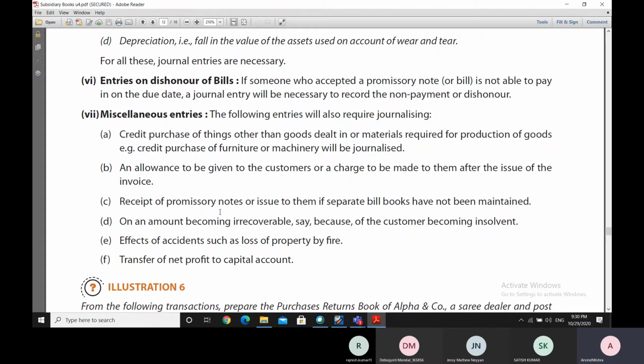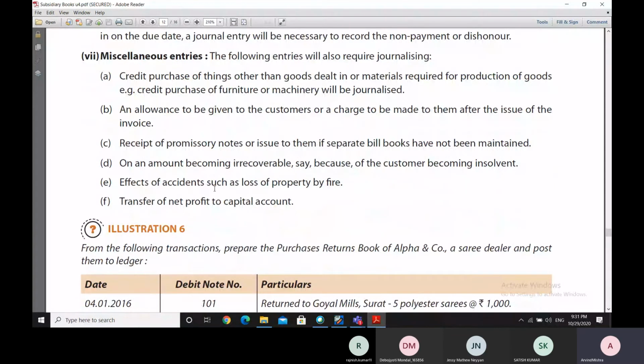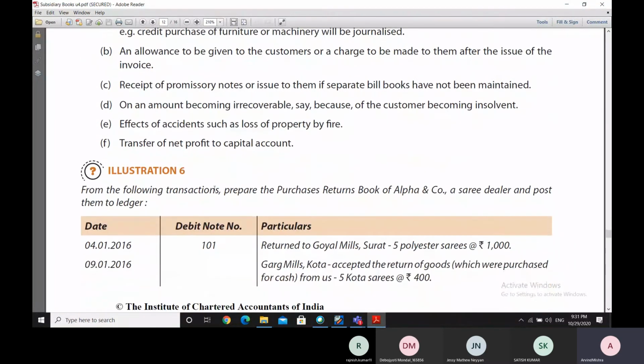An accident may happen due to which property may be lost by a fire. So this loss can also be entered straight in the journal. And then, in order to transfer the net profit to the capital account, we make a journal entry for that purpose also. So all these 6 types of entries are miscellaneous entries which are entered in the journal, which are journalized and then posted to the ledger.